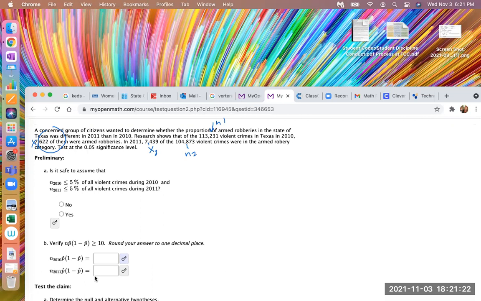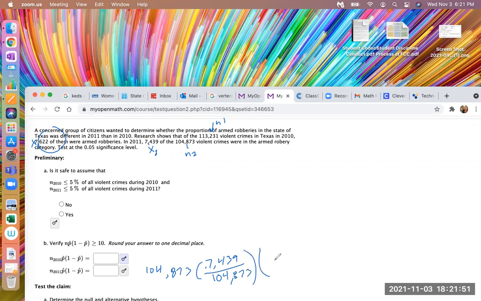Okay, so the second part here is really similar. We're going to do for the n of 2011, 104,873, and then times by p hat, which is 7439 over 104,873. That's the x value over the n value.